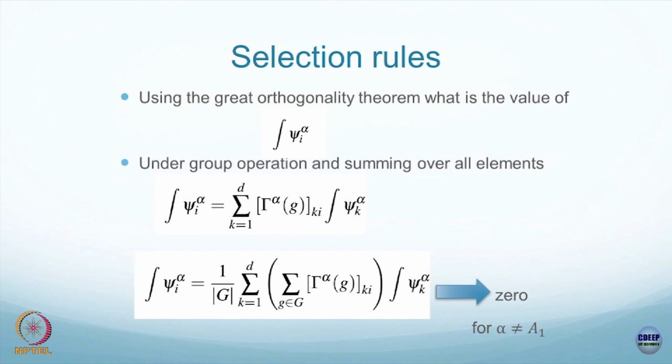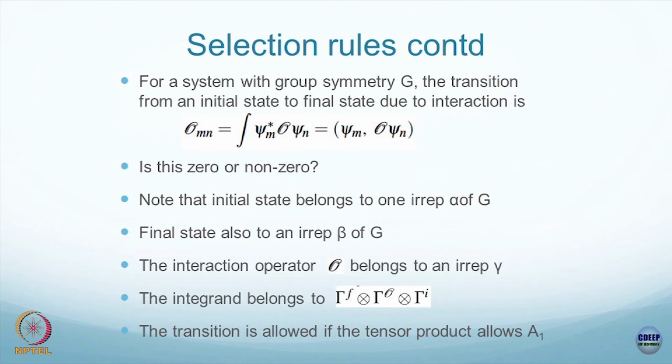I am just looking at a state which belongs to one irrep. I am just doing a group operation. If it belongs to a degenerate irrep, then the group operation will actually mix them, and I am just trying to see what happens under this operation. That is all. Yeah. Any other question? See, both sides you can put that summation. It is just that 1 over g will make it 1 because it is not really acting on that. Okay. Is this clear?